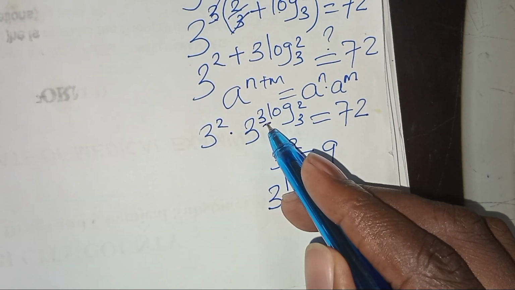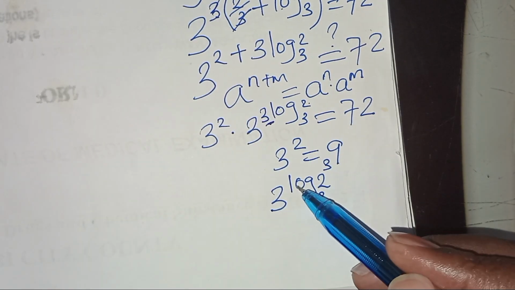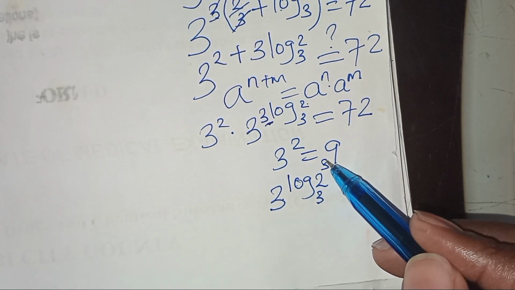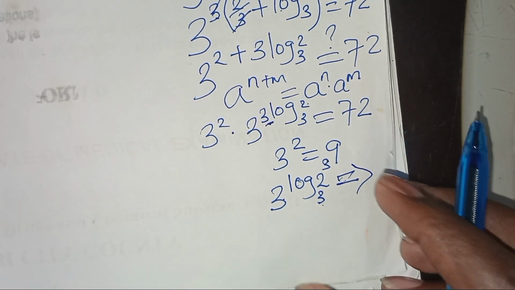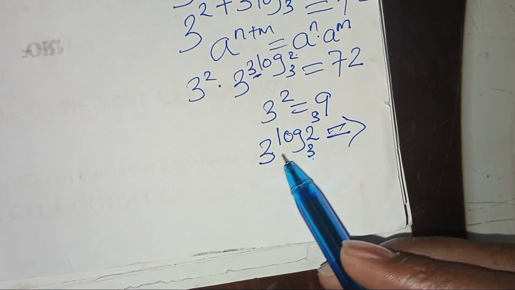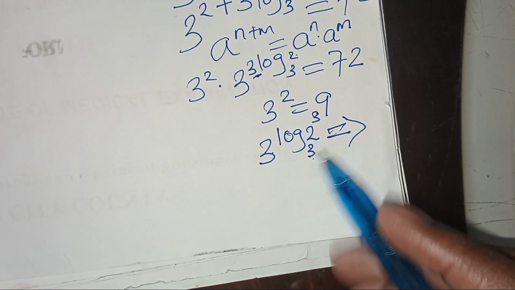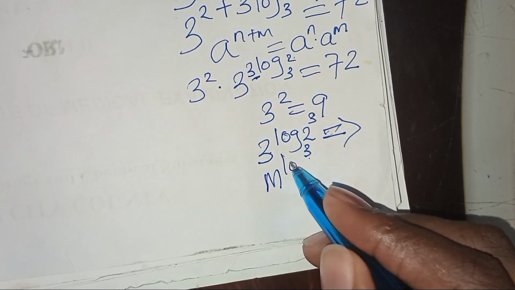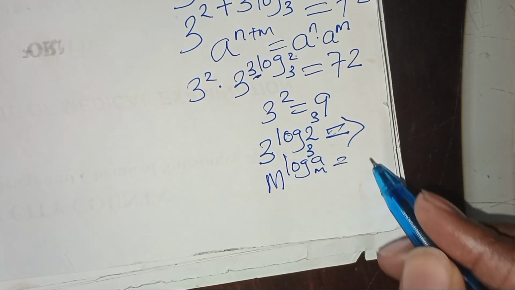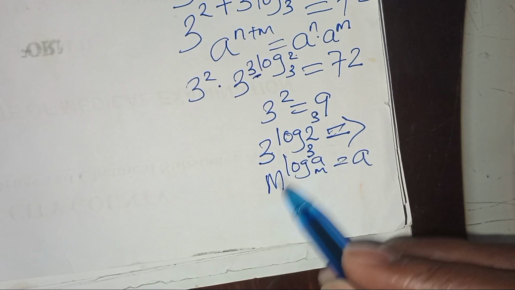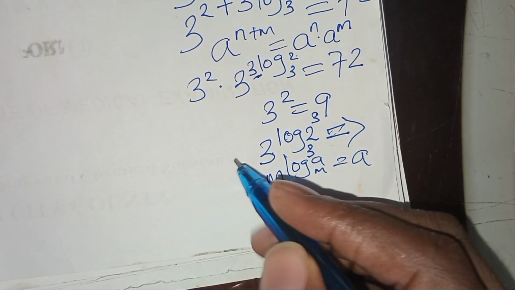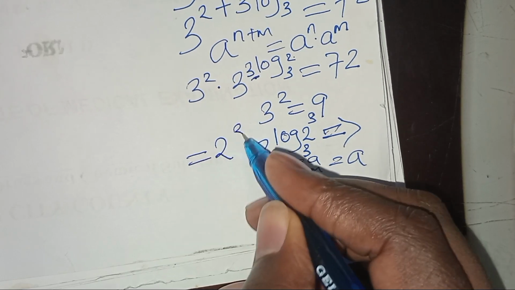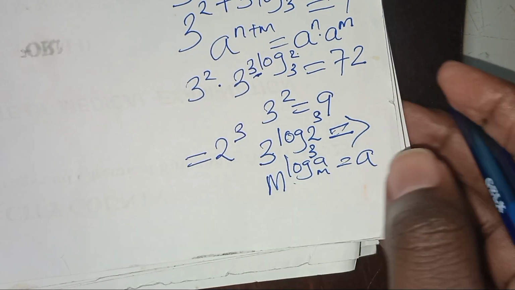So this is equal to 3 to power log 2 cubed to base 3. This is in the form of m to power log a to base m, which is equal to a. Applying this property, 3 to power log 2 cubed to base 3 is basically equal to 2 to power 3.